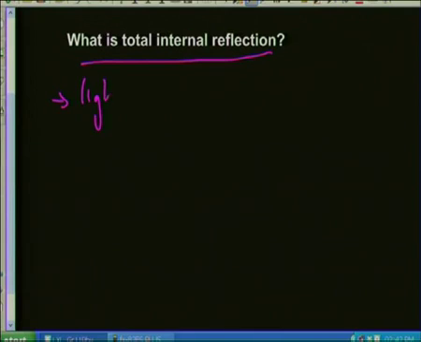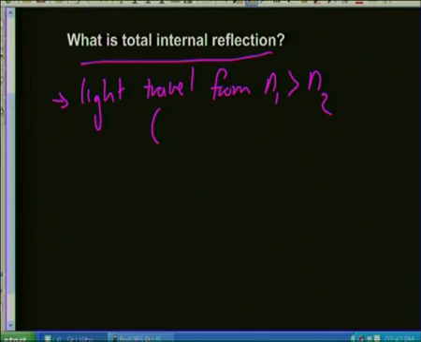Light must travel from a high refractive index, n1 greater than n2. So it's from a high refractive index to a smaller refractive index, from an optically dense medium to a less dense medium. In other words, it will be changing its speed.